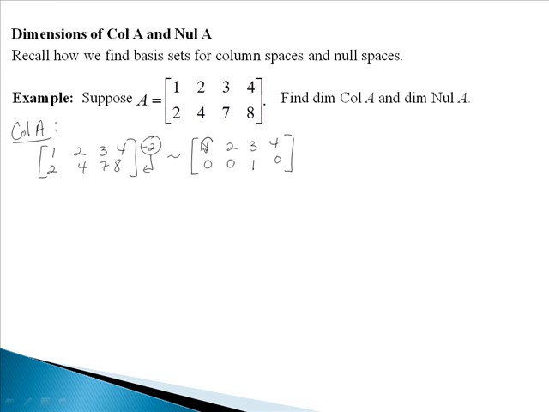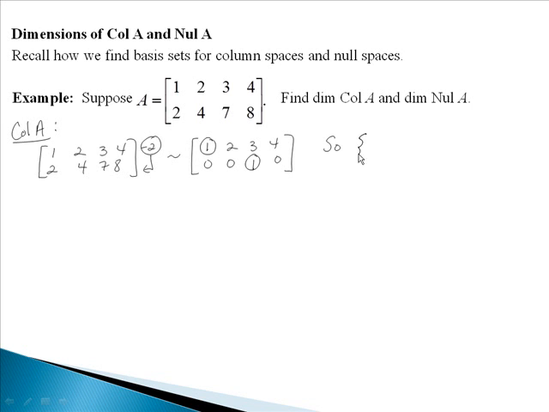And notice that I have a pivot here in the first and the third column, so then we know that the second and the fourth column are free. So remember then, when we're finding a basis for the column space, we're using the pivot columns.